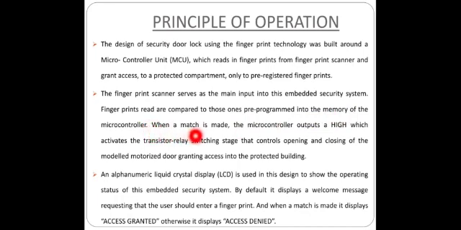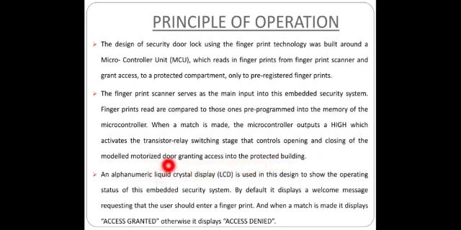When a match is made, the microcontroller outputs a high which activates the transistor relay, which is used for sending the signal, switching stages that control opening and closing of the motorized door, granting access into the protected building.